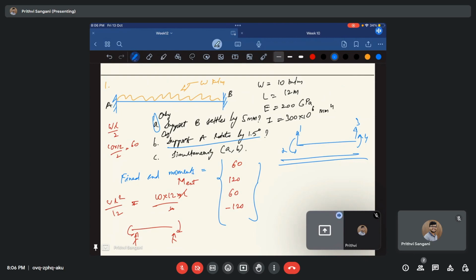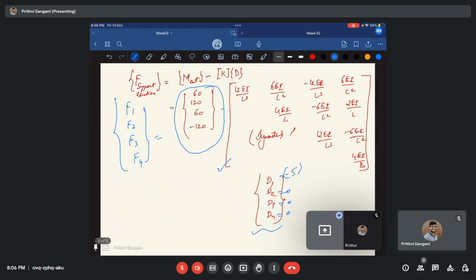Even though it is given as 1.5, if you take it as 1.5 radians, that is a huge rotation. Pi is like 3.14 radians, pi by 2 is almost 1.55, which is almost 90 degrees. So you need to be careful.